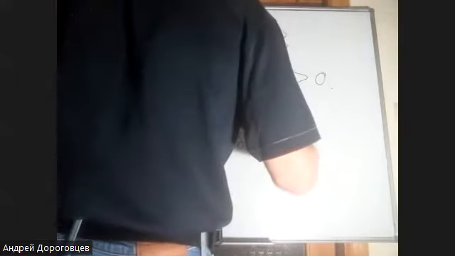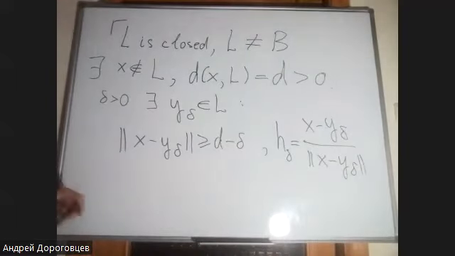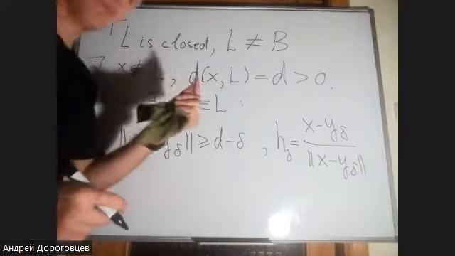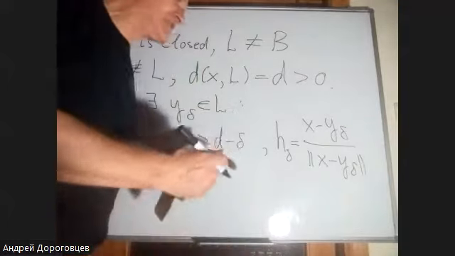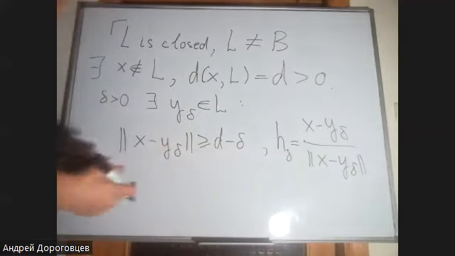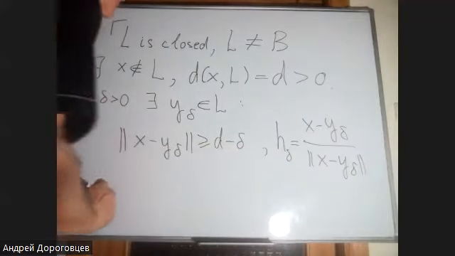Let me consider the element h delta, which is x minus y delta divided by its norm, the norm of x minus y delta. Let us see that h delta, of course, has unit norm, and h delta does not belong to L. That's also clear.